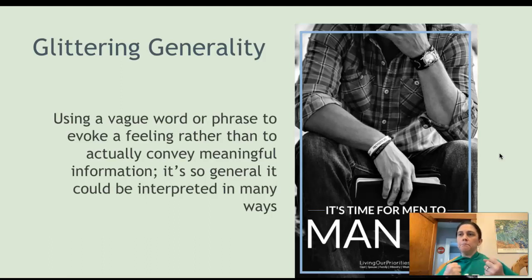Men are big and burly and strong and they don't ever cry and all of those stereotypes about men. But really, what does it mean to be a man? Because that can mean different things to different people. So this is a glittering generality because it's assuming that everybody thinks of being a man as being the exact same thing. And that is not necessarily true.